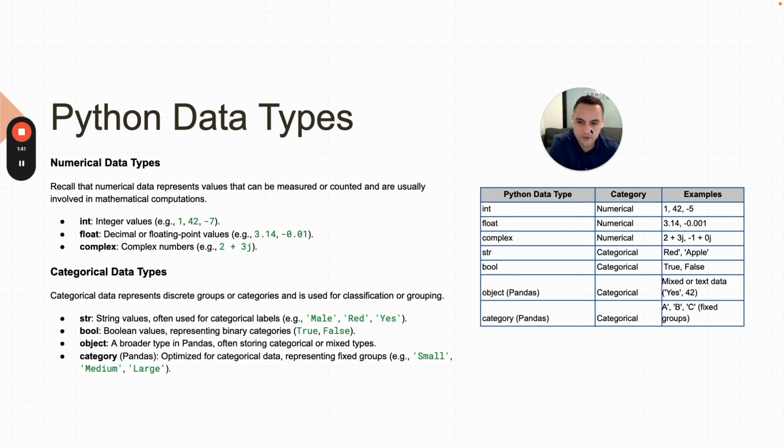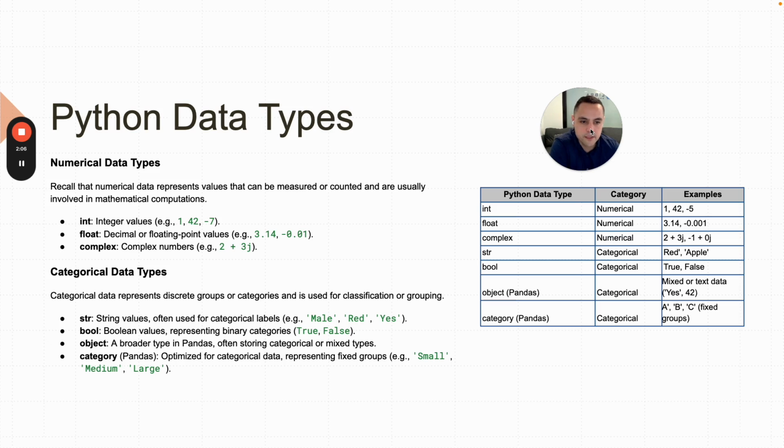So int is integer values. Float would be something with a decimal, and then complex numbers are a variation, right? So it has both a number and then potentially a character in there. So those are complex numbers. And largely you'll see just the integer and then the float in the data that you are looking at or analyzing.